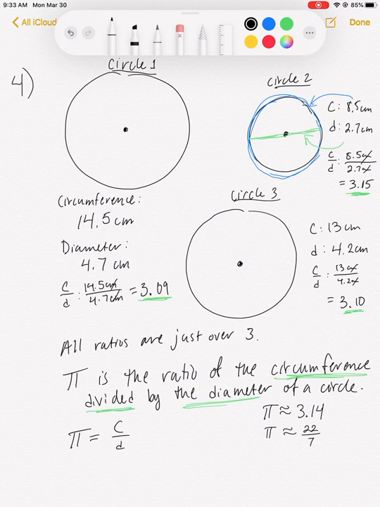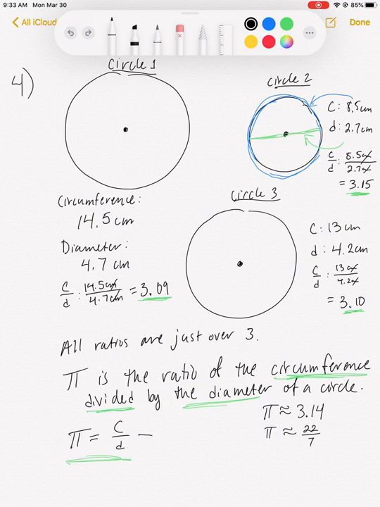So, back to here, pi is the same as the circumference divided by the diameter, and we did not want to measure the circumference or find it using our tape anymore because it was tricky. So let's go ahead and isolate our circumference so that we can just know how it relates to pi and the diameter. So we're going to multiply both sides by c.